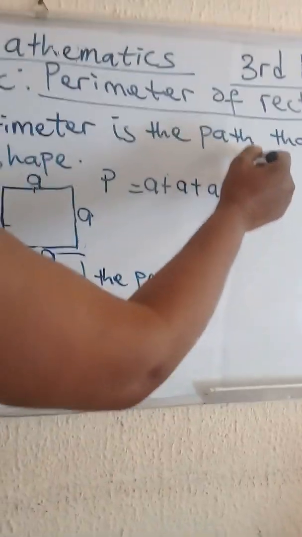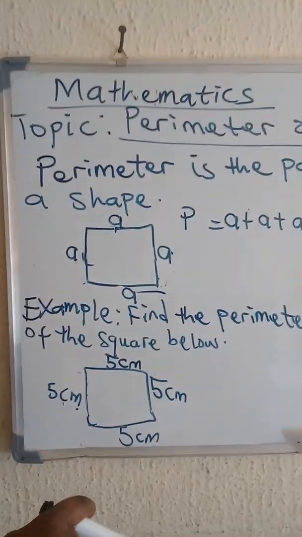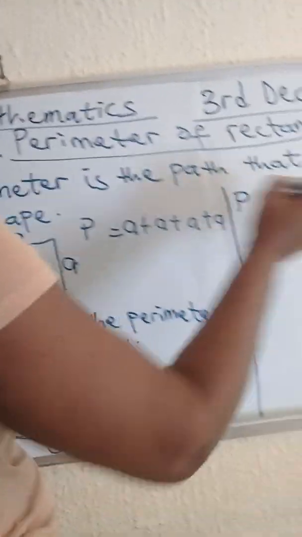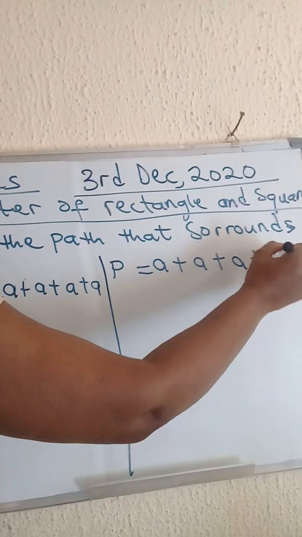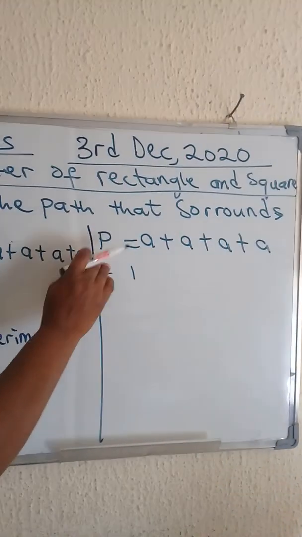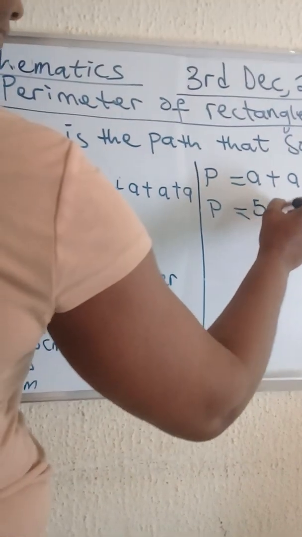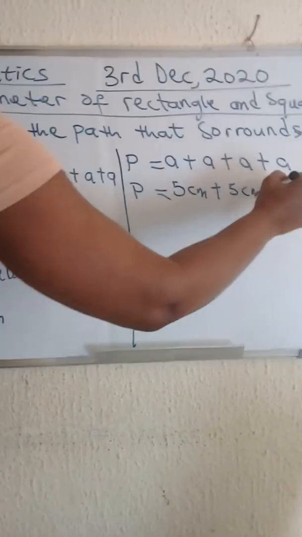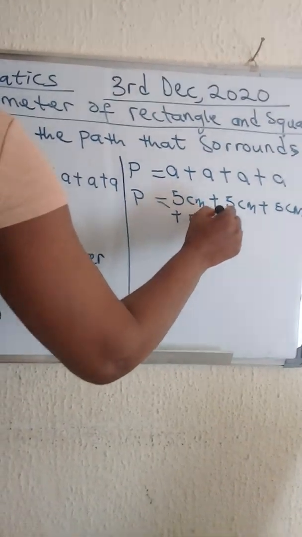Now let's continue from this side. What is the formula for doing that? The formula for finding the perimeter: perimeter equals A plus A plus A plus A. Then for the perimeter here we have 5 cm plus 5 cm plus 5 cm plus 5 cm.